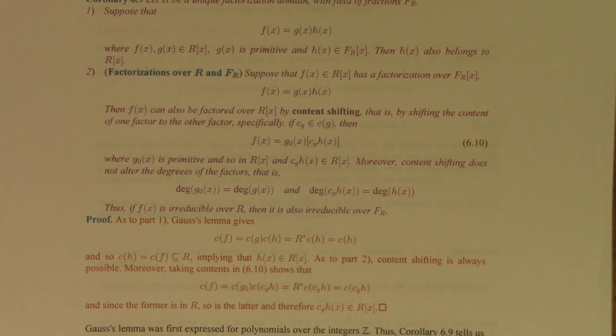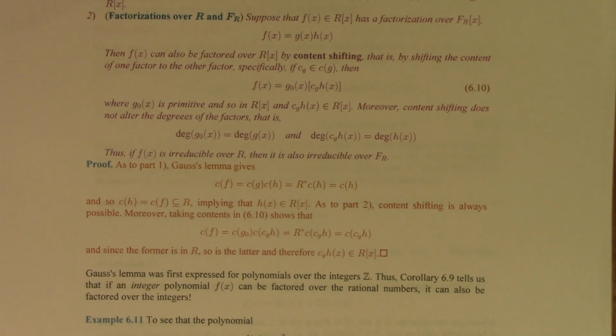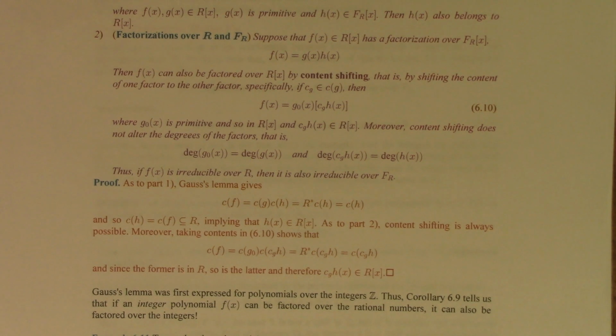And also you actually have to take out the greatest common divisor and shove it over to the other factor, and the first factor becomes an integer polynomial, and therefore, by part 1 of this, the second factor does as well. Okay? I probably didn't say that very well, but think about it, and you will see that that's what this theorem is saying, this corollary.